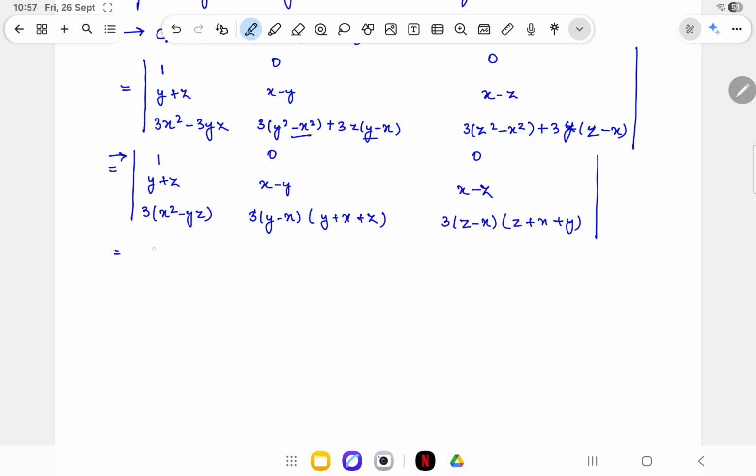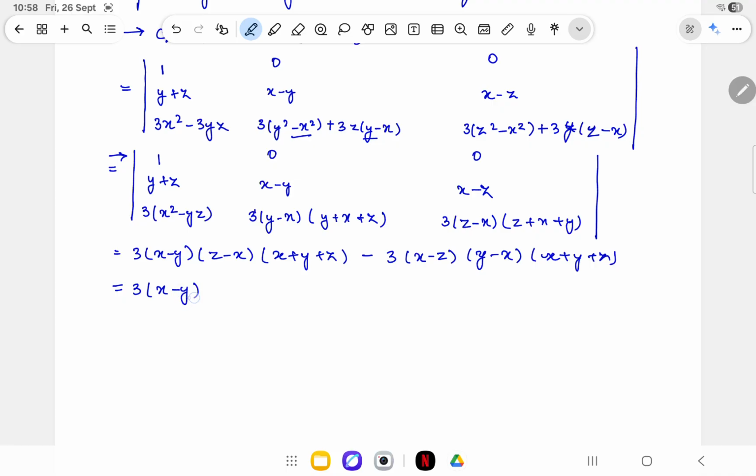So you will get x minus y into z minus x, 3 times x plus y plus z, minus 3 into x minus z into y minus x into x plus y plus z. Now you can pull out 3 into x minus y into x plus y plus z from there.